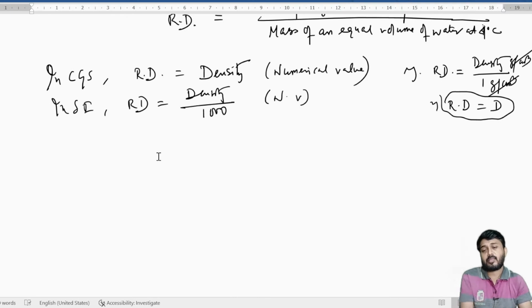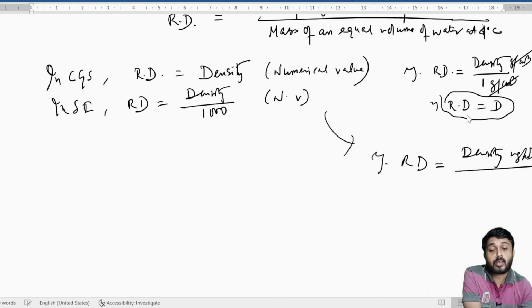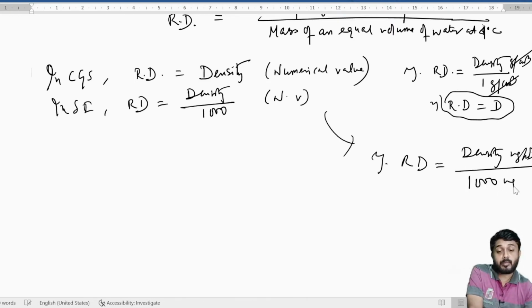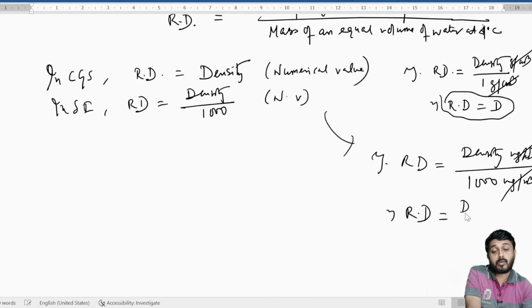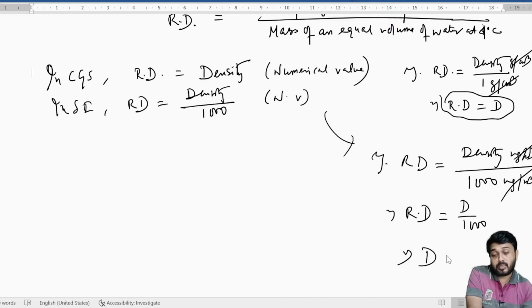Very simple, because you know RD equal to density in kg per meter cube divided by the density of water in SI system, which is 1000 kg per meter cube. Okay, kg per meter cube are getting cancelled in order to give you RD equal to D by 1000, or in other words you may write the numerical value of density in SI is equal to RD multiplied by 1000.